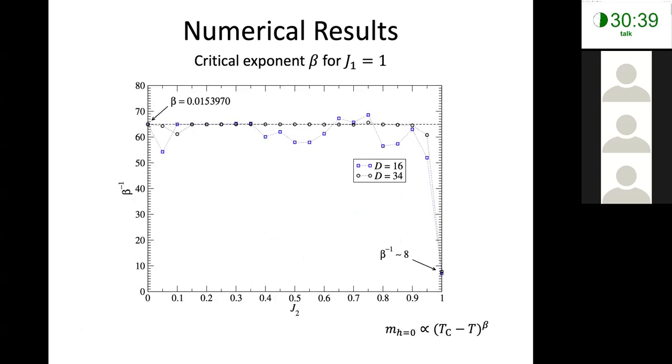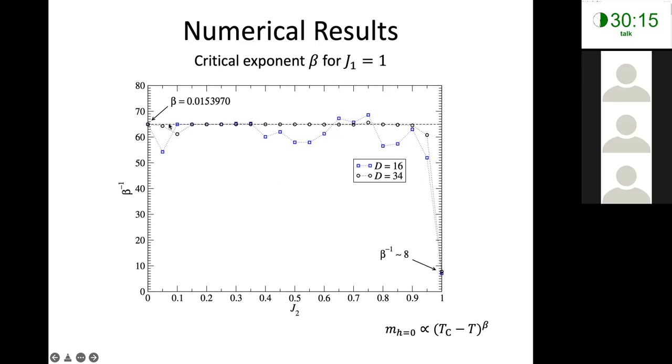And so what happens with the critical exponents? Now we know that the critical temperature continuously increases, but what about the character of the phase transition, which is captured by the exponents?